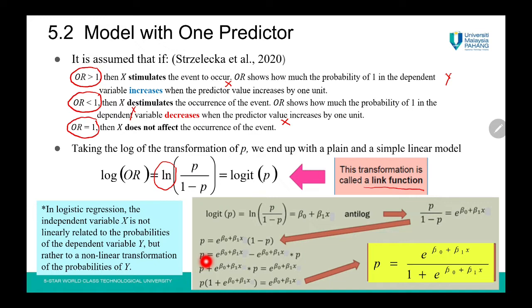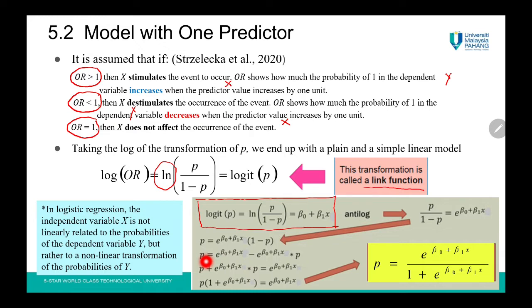In finding the logistic regression for one X, that is, for one predictor, we have the equation logit P equals ln of P over 1 minus P, and we relate the logit P with regression. In this case we only have one predictor.